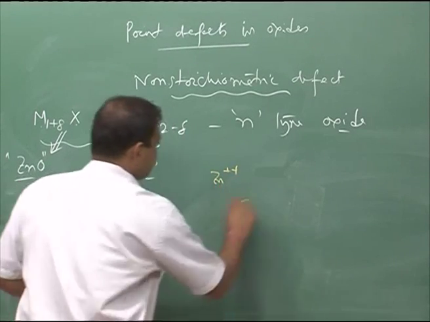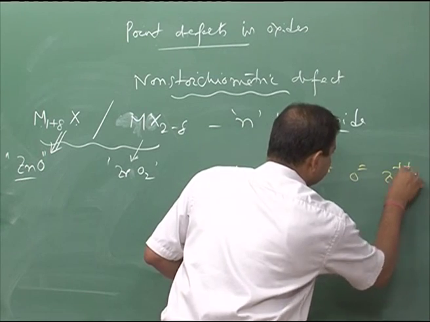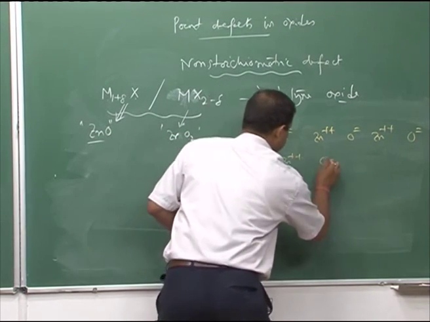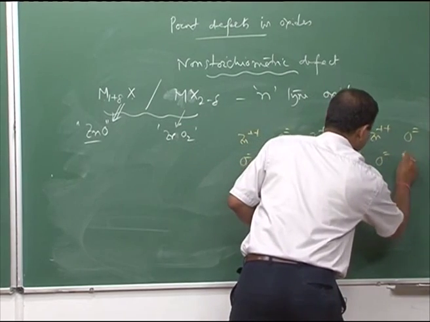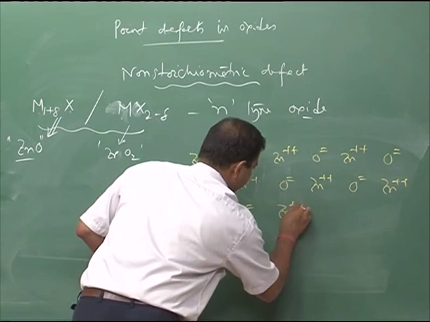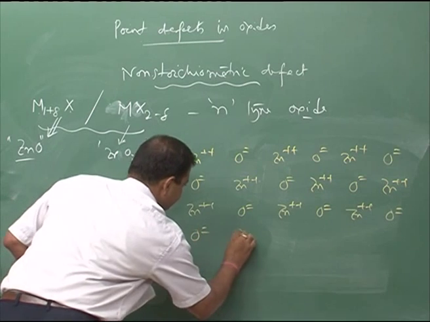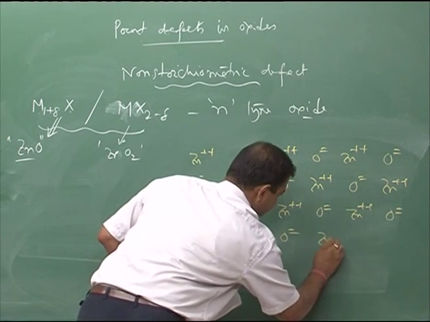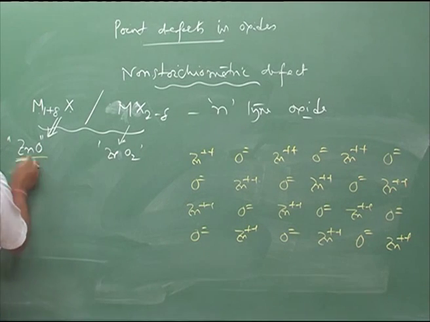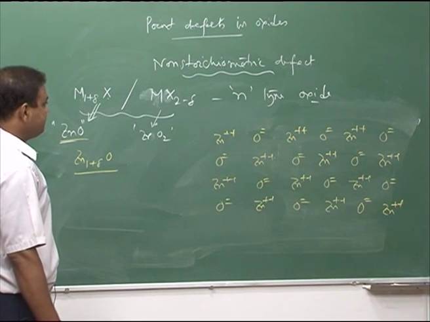So, Zn plus plus, O minus minus, like that we can have the distribution. Since the common formula would be Zn 1 plus delta O, that means there would be excess cation.